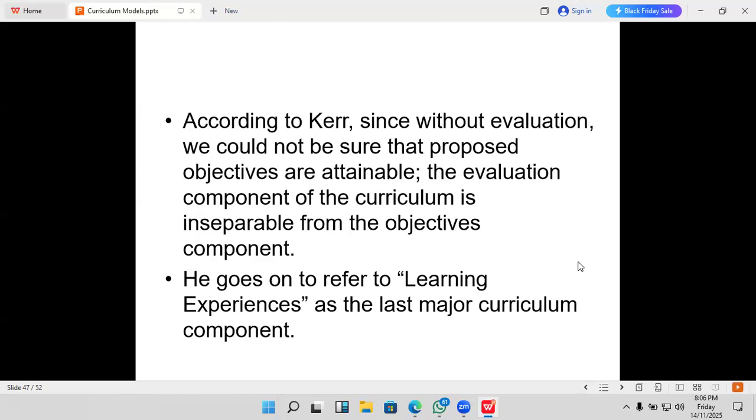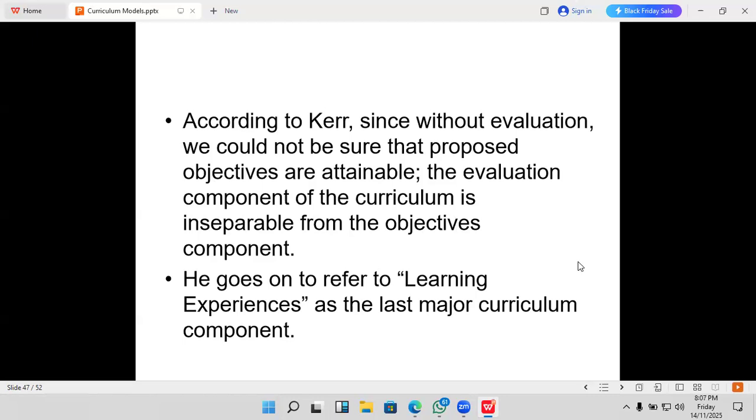Whether it is possible, that is another question. How long should we take to assess a curriculum? There are so many issues and questions.